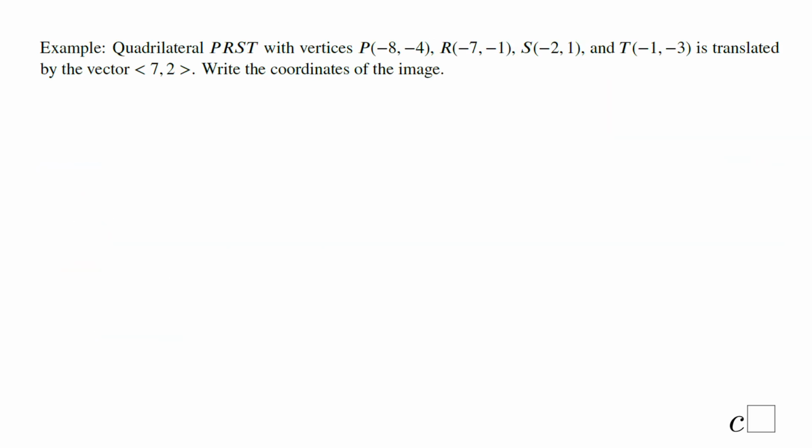So now let's see this example here where we have a quadrilateral, and the quadrilateral has these vertices, and we need to translate it by the vector <7, 2> to write the coordinates of the image. So let's start with P. P has the coordinate -8, sorry, -8 and -4, and we want to move it by the vector.